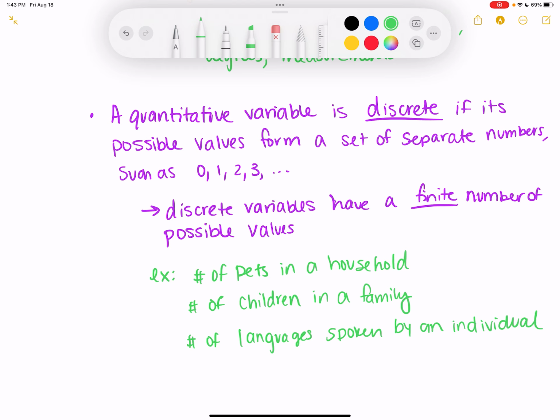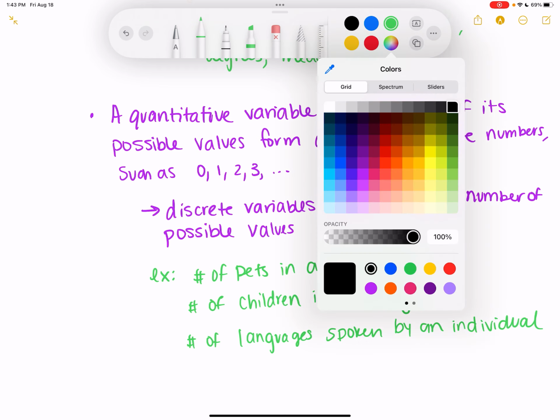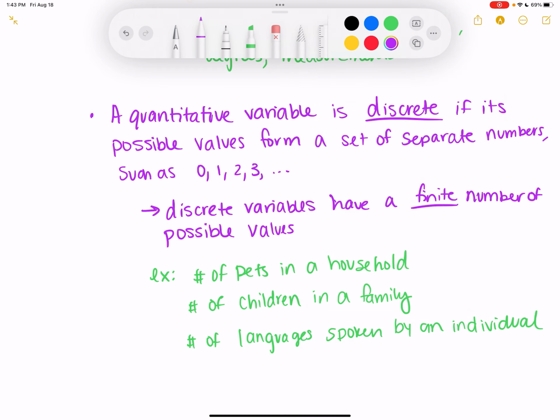So all those are discrete. The other option for it is to be continuous.